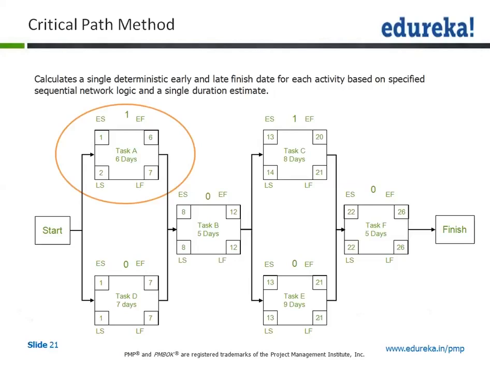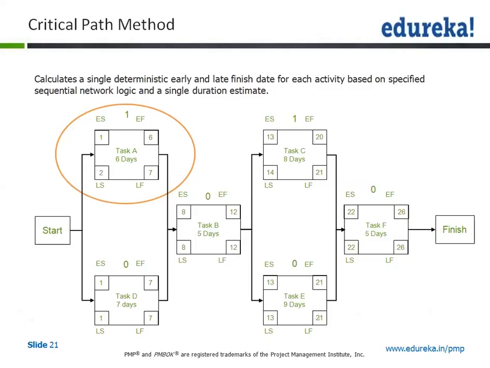Got it? So when I talk about a forward pass, that would mean that I will move from early start to early finish. That is what is known as the forward pass. If I go in this direction, that is forward because I'm going from start to end.